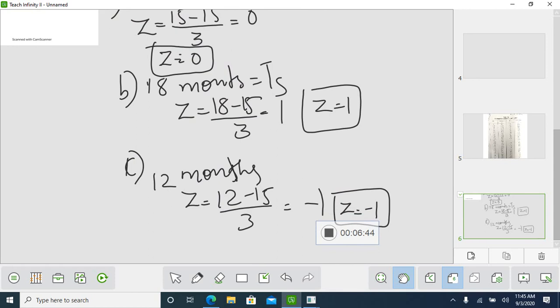Now you will check in the standard normal distribution function table column. First, what did you get? 0, right? That is 50%. Next is 1; for 1 it is 84%.